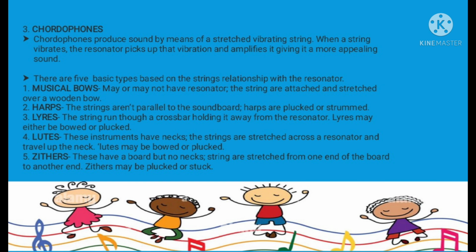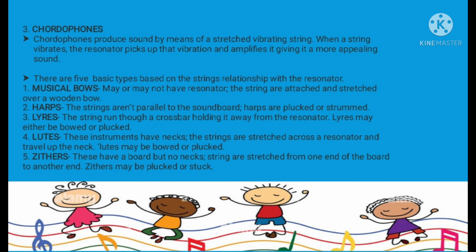Number 2. Harps. The strings are parallel to the soundboard. Harps are plucked or strummed. Number 3. Lyres. The strings run to a crossbar holding them away from the resonator. Lyres may either be bowed or plucked. Number 4. Lutes.